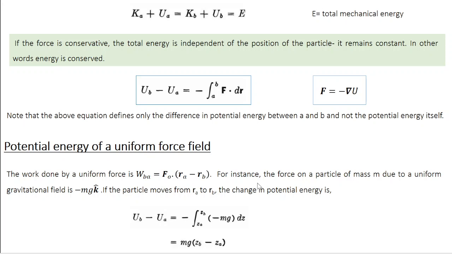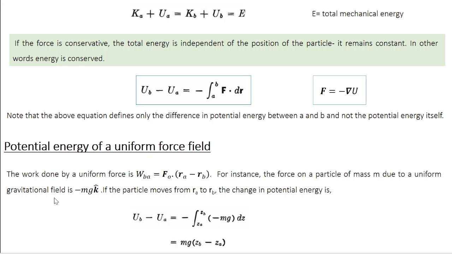Now, for instance, the force on a particle of mass m due to a uniform gravitational field is minus mg k. So here you are considering the z-axis as the vertical axis, and gravitational force always acts in the downward, negative direction. That's why you have the minus sign here.